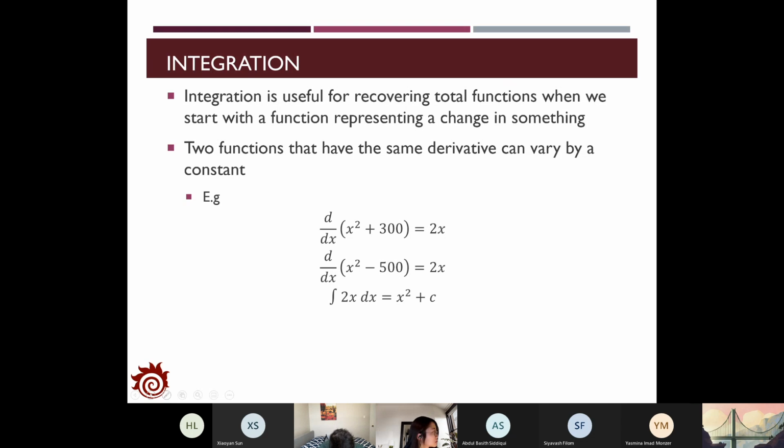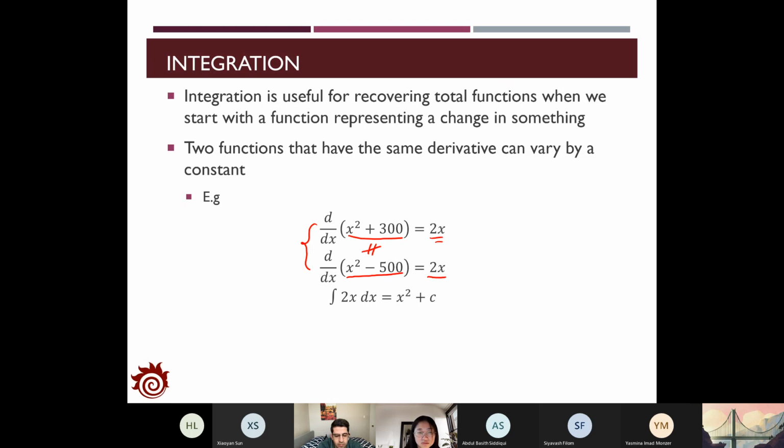Here's an example. If we have f(x) equal to x squared plus 300, then the derivative is 2 times x. If we have the function x squared minus 500, you will still get the first order derivative as 2x. But apparently, these two functions are not the same.